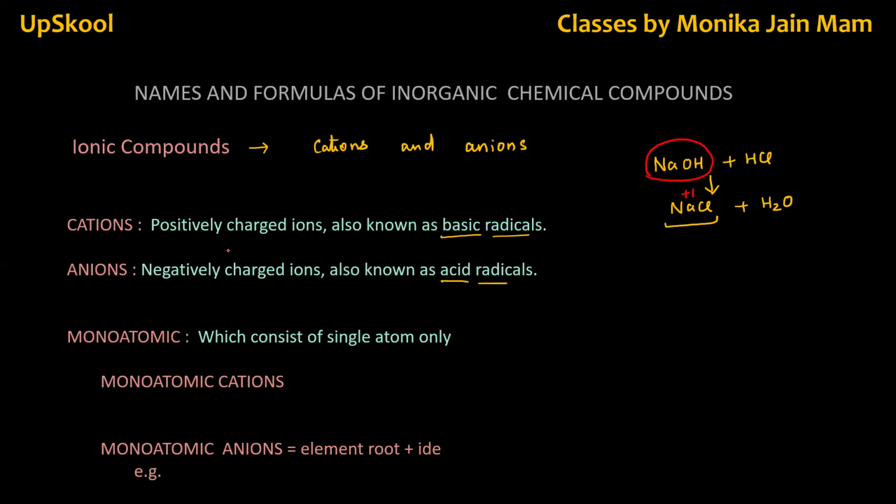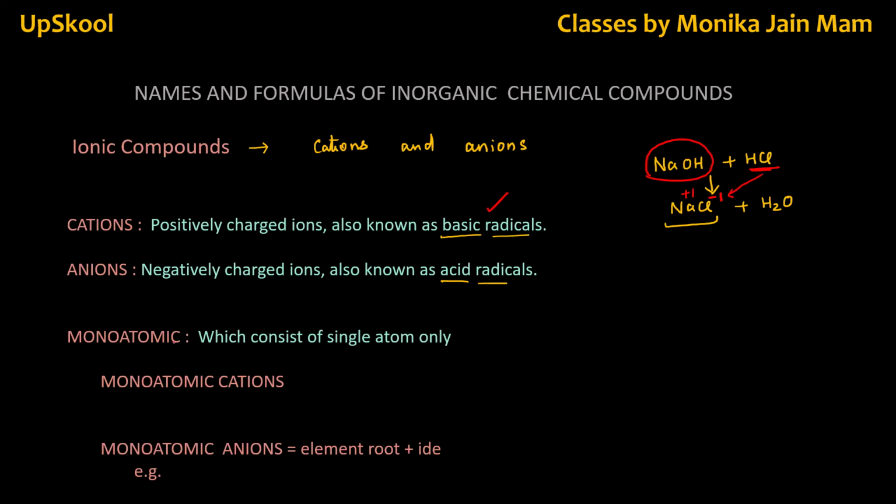So it is a basic radical, a cation, because it is coming from a base. And chloride, from HCl, is responsible for giving chlorine having -1, that is chloride. That's why it is named an acid radical. So I think you are very much sure cations are basic radicals and anions are acid radicals.